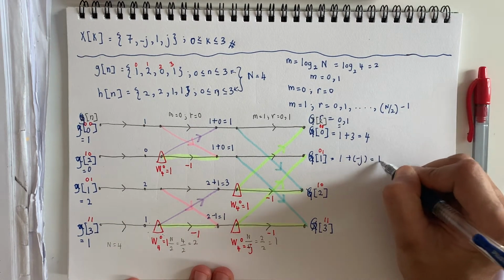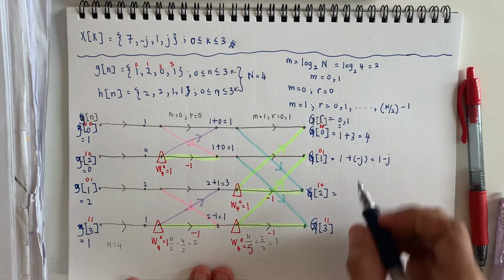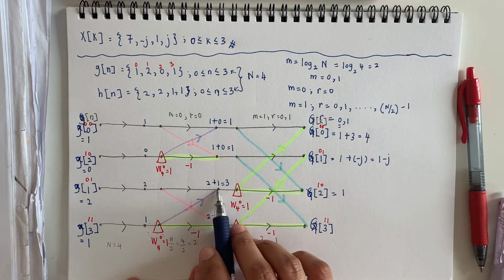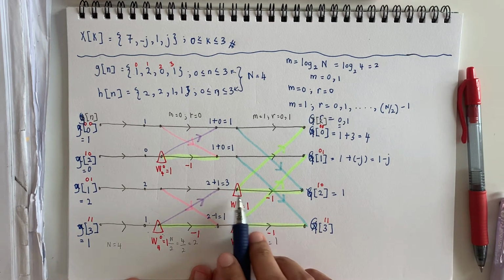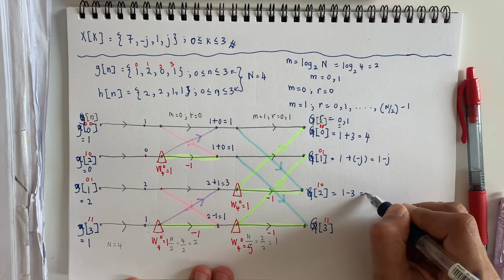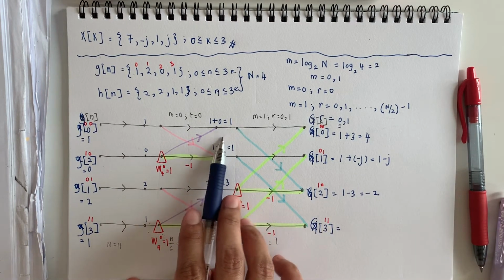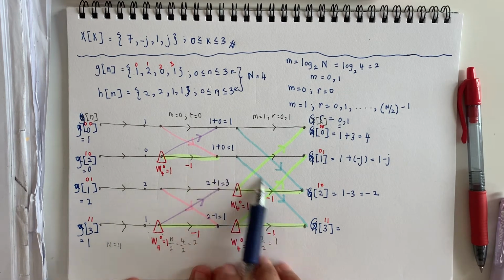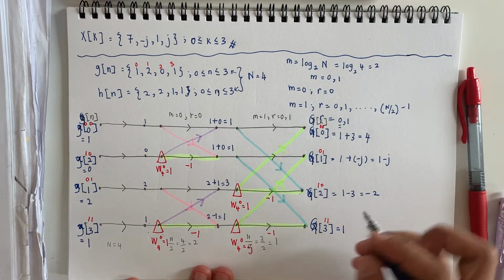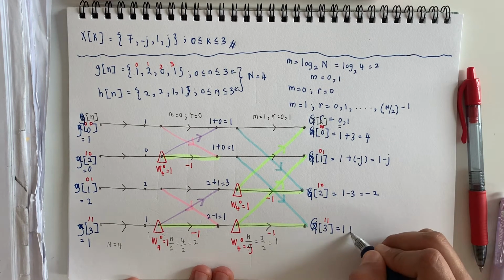So here we have 1 minus j. G2: 1 times 1, 1 plus 3 times minus 1, minus 3, so we have minus 2. Next G3: 1 times 1, 1, then 1 times minus j, minus j, plus 1 times minus 1, so 1 plus j.